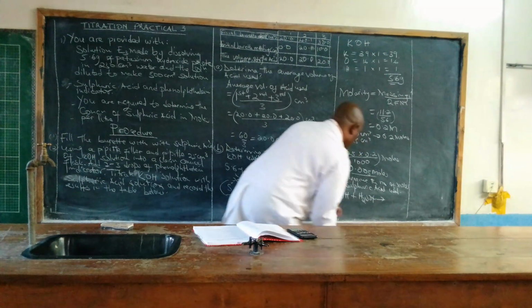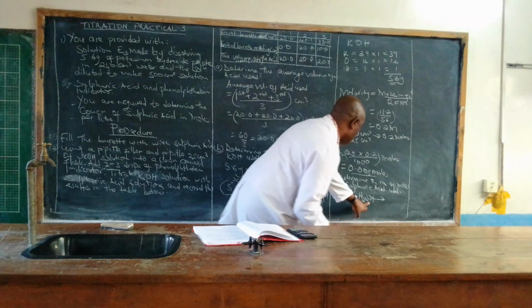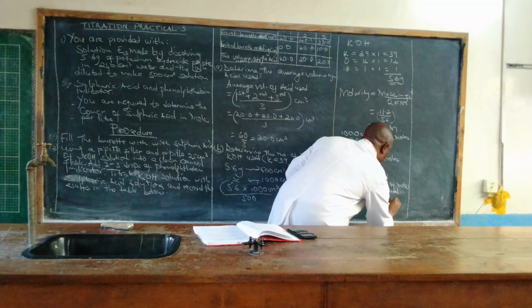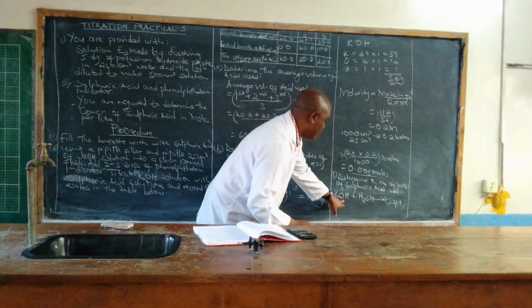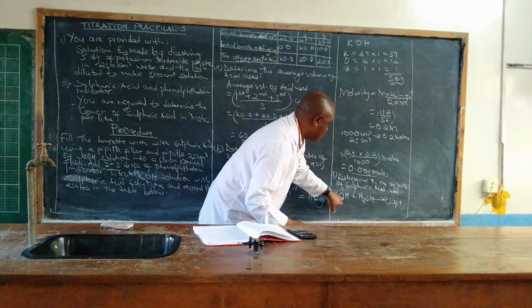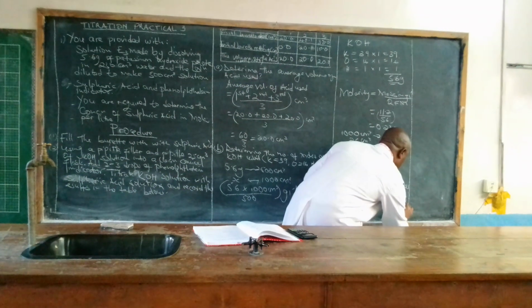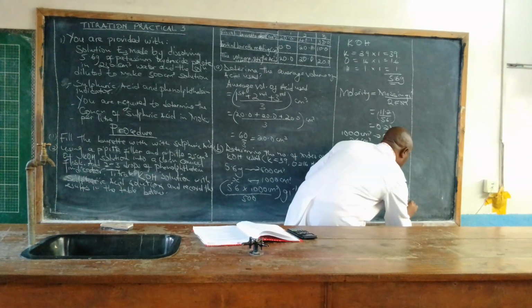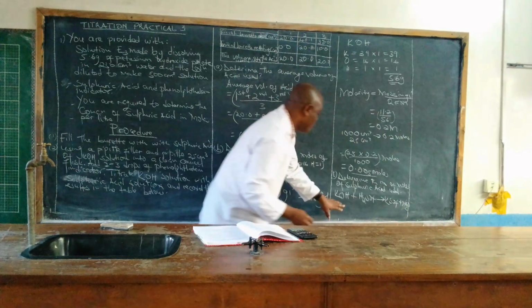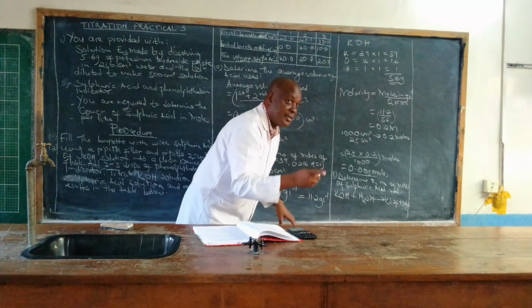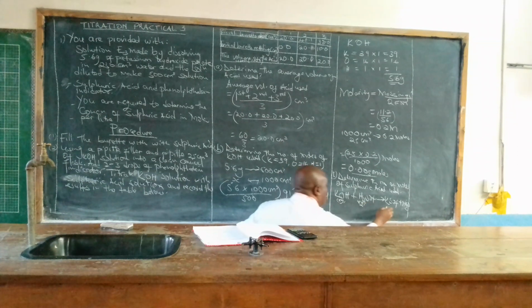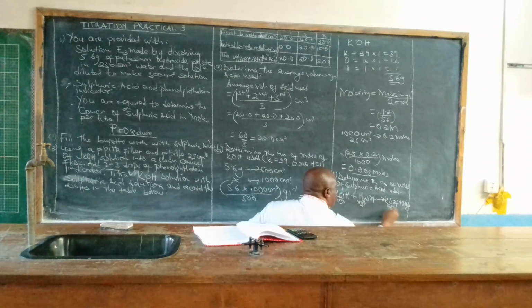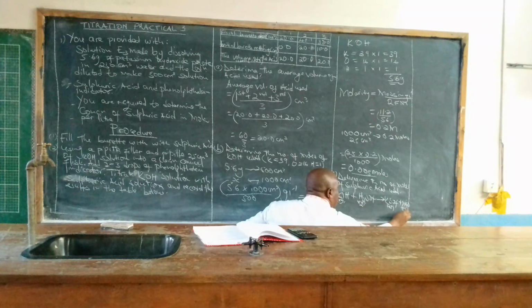We get potassium sulfate plus water. So we go back and write the states. This one is aqueous, and also this one is aqueous, this one is aqueous, and this one is a liquid.